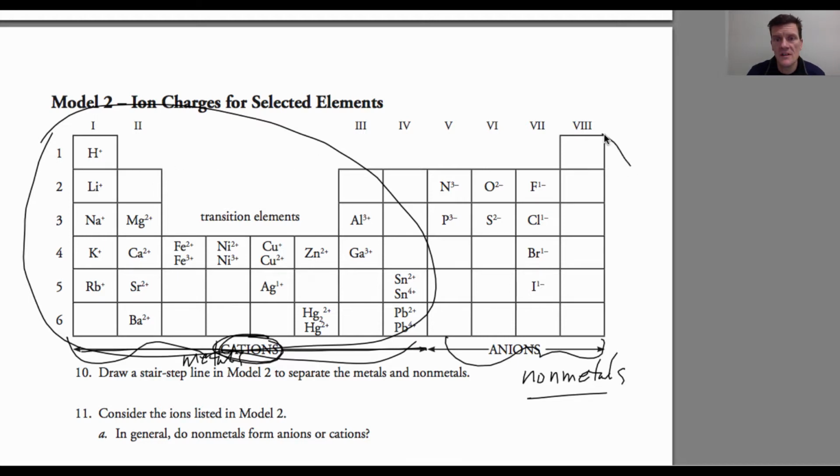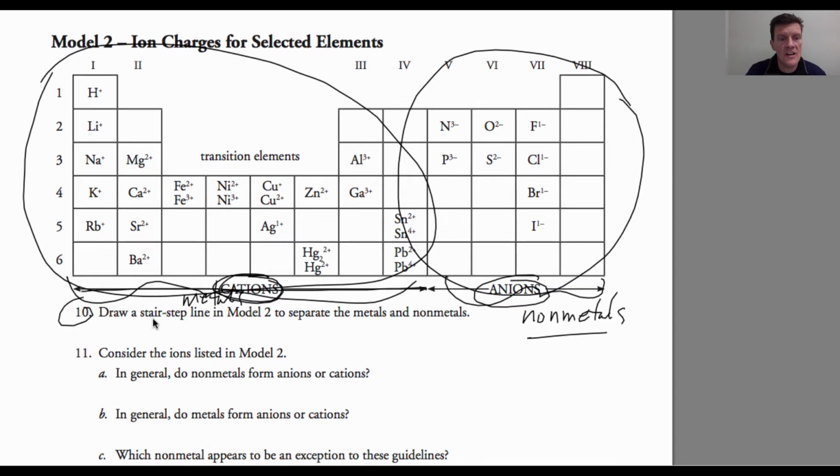Over here, your nonmetals like to form anions, and they do that because they like to gain electrons. Well, maybe you kind of see where this is heading. If you've got metals on one side that like to lose electrons and nonmetals on the other side that like to gain electrons, chances are that might help them form bonds. We'll talk about that later on.